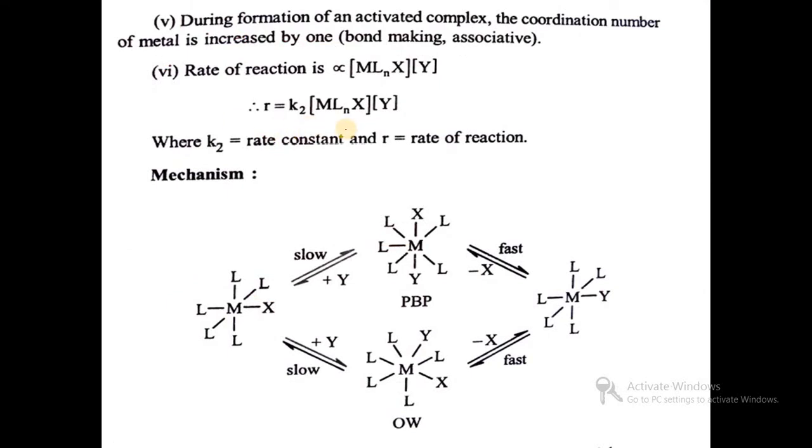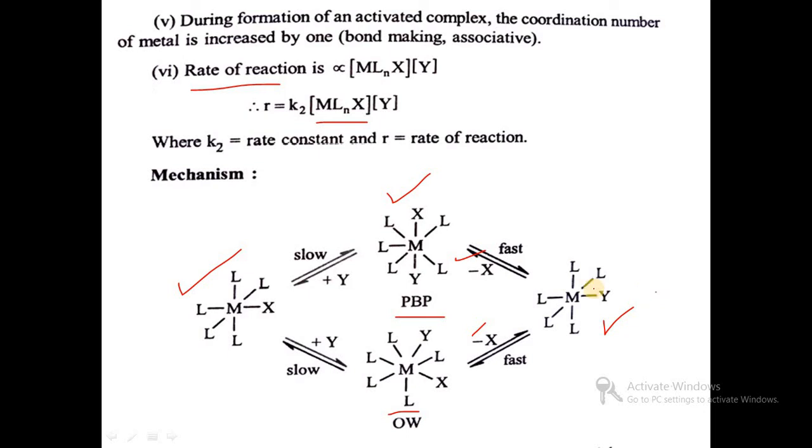During formation of the complex, the rate of the reaction depends on both concentrations. In association, bond making is important, and in the associative mechanism a 7-coordinated intermediate is formed. It is a pentagonal bipyramidal, wedged octahedral or distorted octahedral structure, and in the second step bond breaking takes place, that is, elimination of X, giving the octahedral complex.